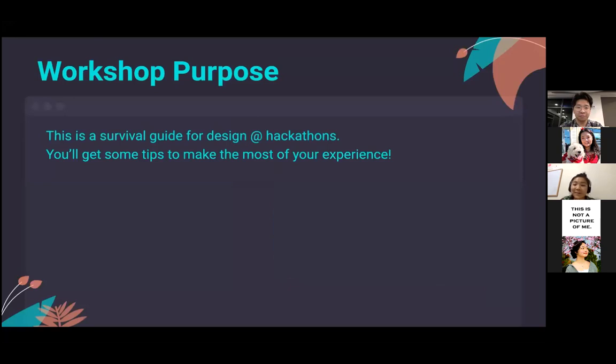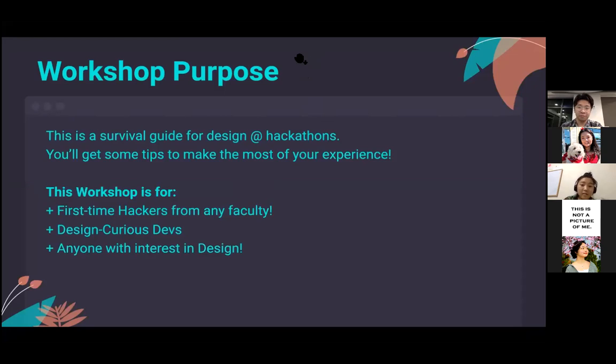This workshop is a survival guide for design at hackathons, and hopefully you can use some of the tips we share here when you are participating in hackathons to make the most of your experiences. This workshop is for anyone who loves to learn about design, first-time hackers from any faculty, curious devs, or anyone just interested in design.